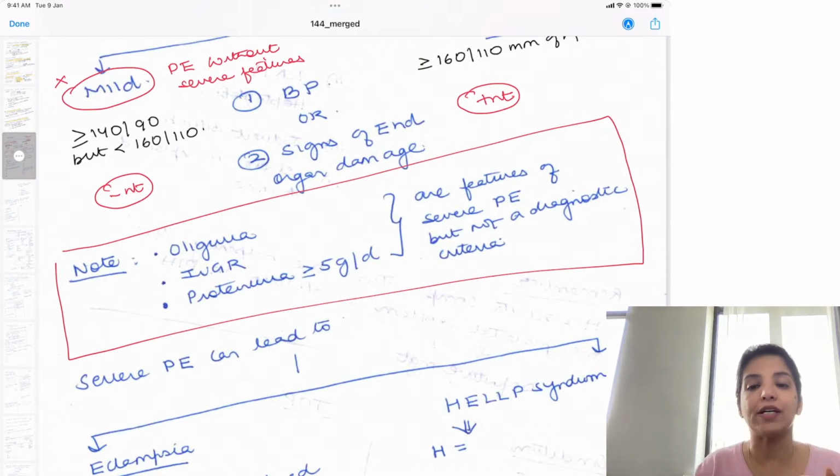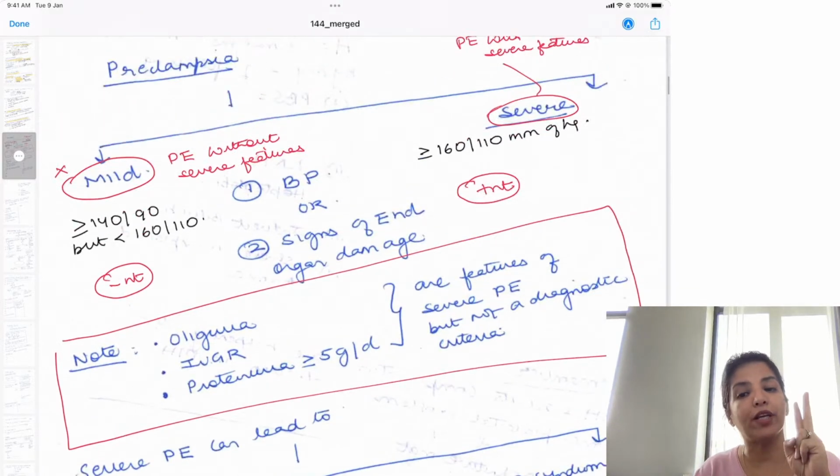They are not a diagnostic criteria for severe preeclampsia. Diagnostic criteria are only two. If BP becomes more than equal to 160 by 110 or if signs of end organ damage are present. IUGR, oliguria and proteinuria more than equal to 5 grams per day are features of severe preeclampsia. They are not a diagnostic criteria. Clear to all of you?